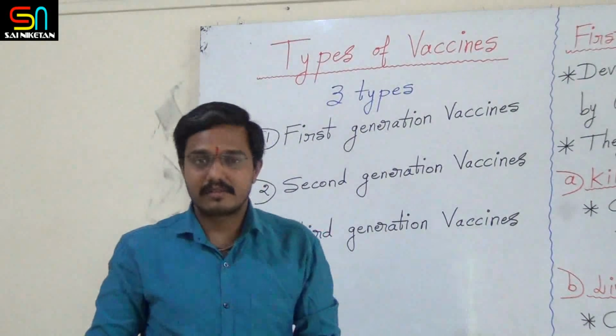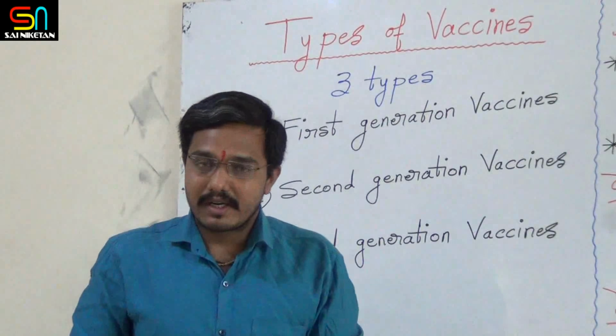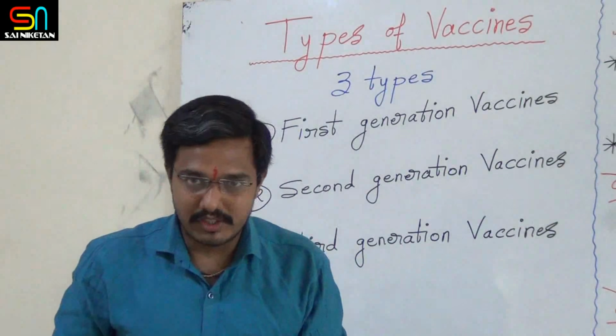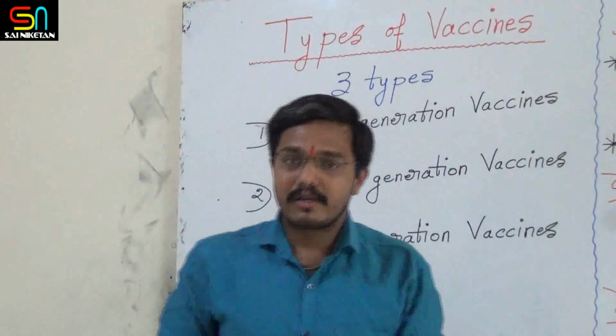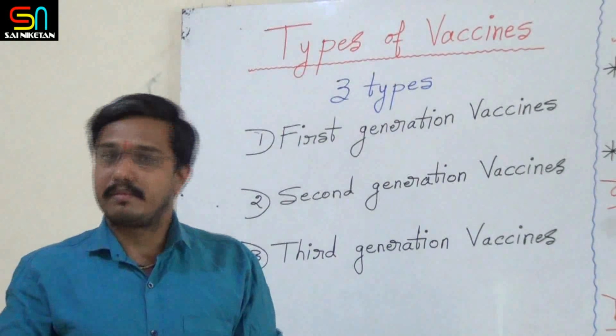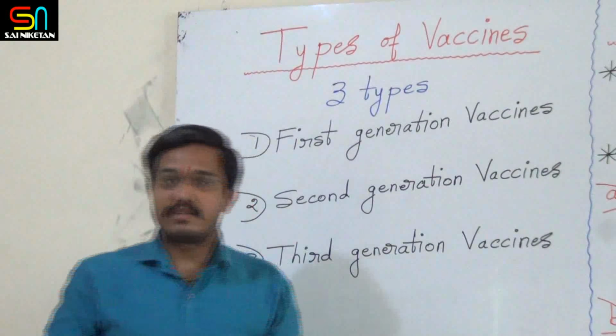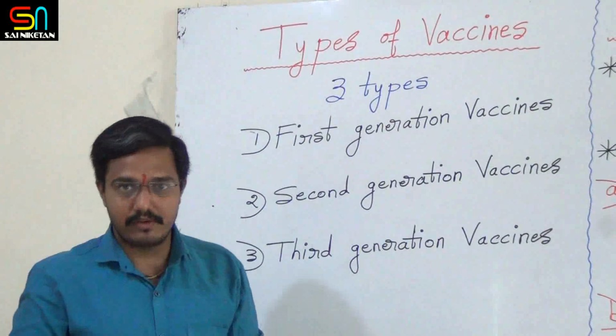Vaccines are killed or attenuated pathogens, or they are antigenic proteins of pathogens. This is what we discussed in the previous video.